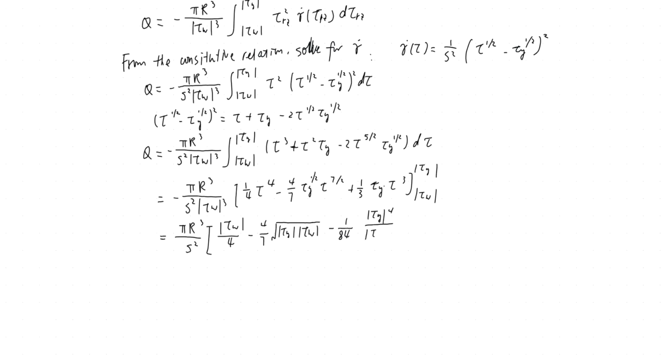I suggest that you verify it on your own so that you feel comfortable with this expression. So this is the volumetric flow rate of a Casson fluid in a cylindrical pipe.